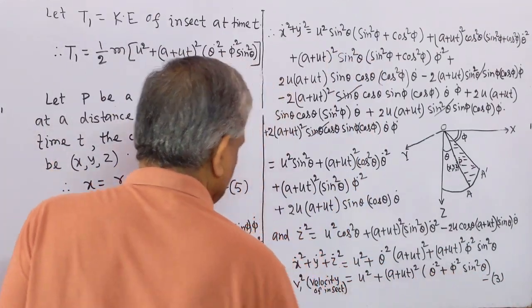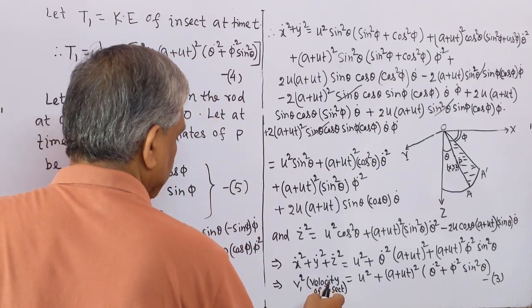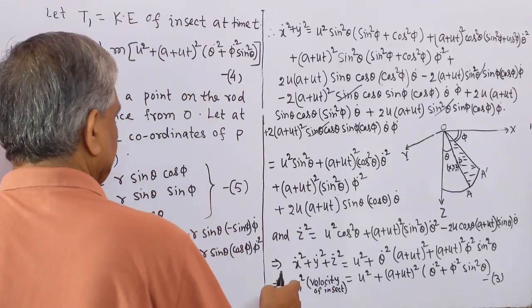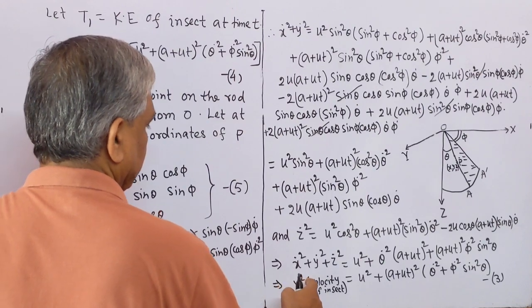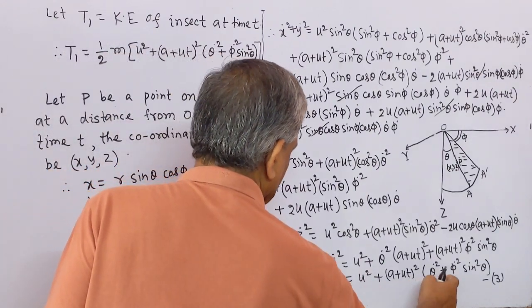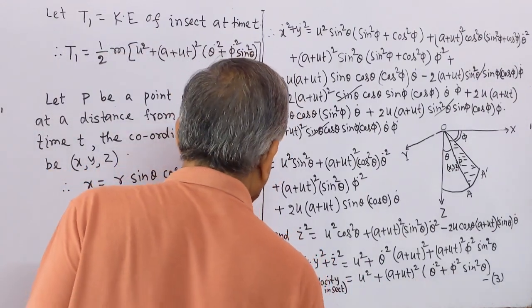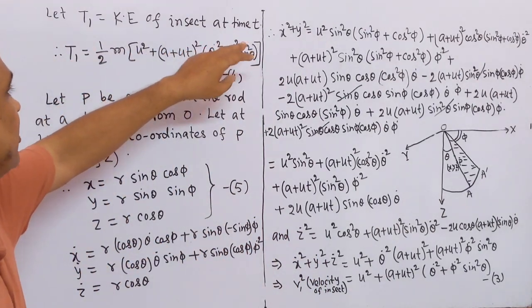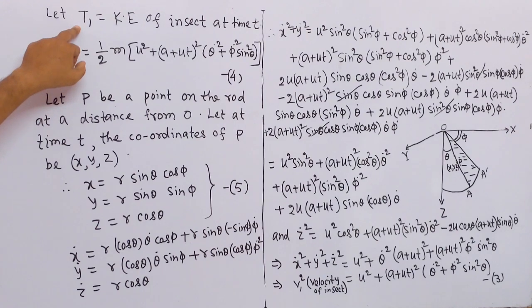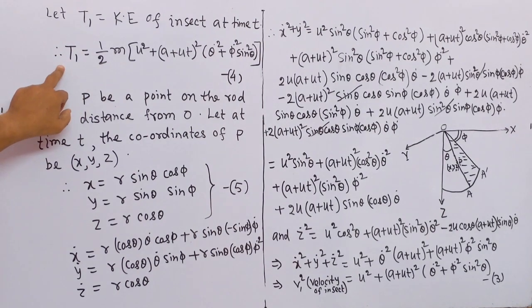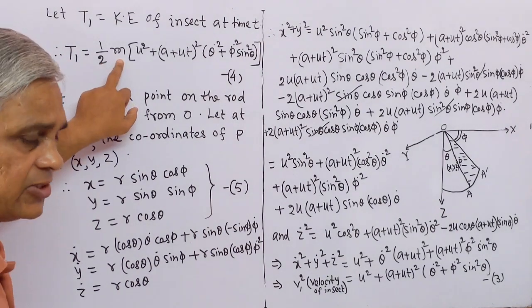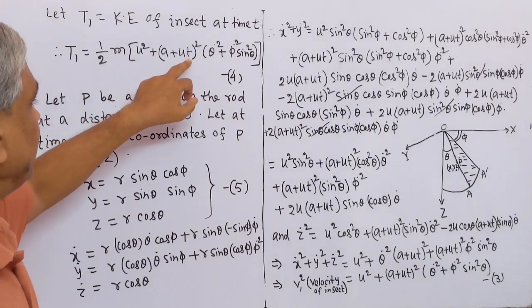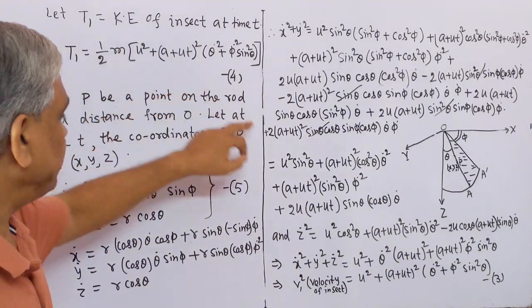This is the square of the velocity of the insect, that is v1 square. Therefore the kinetic energy of the insect at time t, let this be T1. Therefore T1 equals half mass of the insect multiplied by velocity square. This is the velocity square.